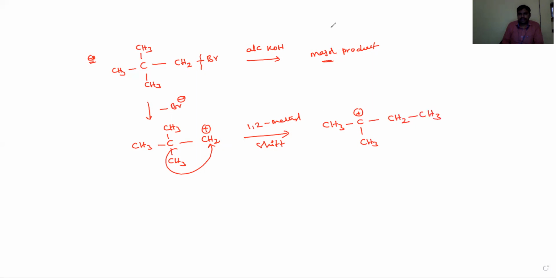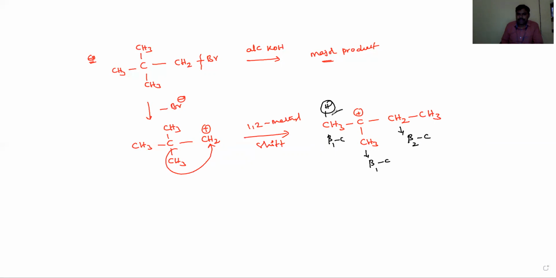Now for this we have two types of beta carbons. Here it is beta 1 and here it is also beta 1, similar kinds of beta carbons, and this is beta 2 carbon.